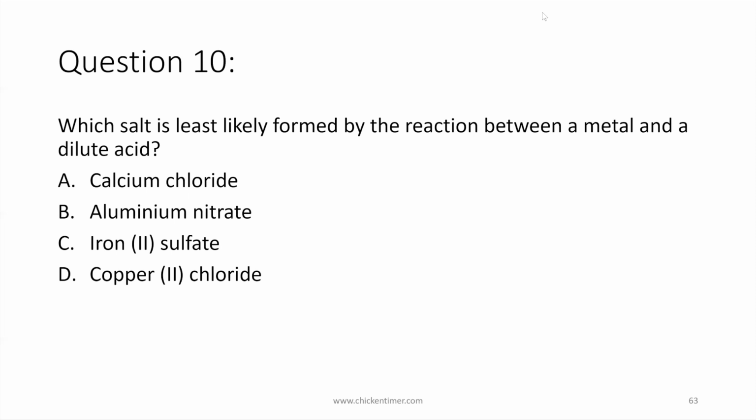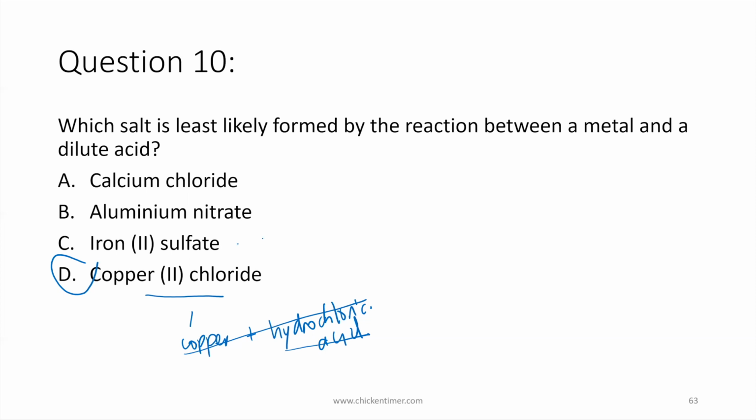So copper chloride is an unreactive metal. So this one, you're supposed to have copper plus hydrochloric acid. Because you said that copper doesn't react with acid, so this reaction cannot happen. So answer is this one. That's what you said earlier.